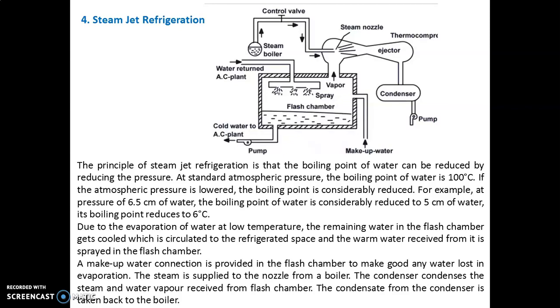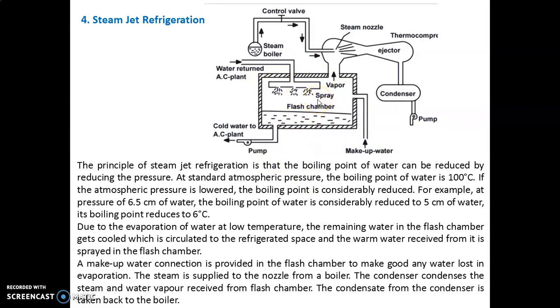For example, at a pressure of 6.5 centimeter of water, the boiling point of water is considerably reduced; at 5 centimeter of water, its boiling point is reduced to 6 degrees Celsius. Due to the evaporation of water at a low temperature, the remaining water in the flash chamber gets cooled, and is circulated through the refrigerated space, and warm water received from it is spread in the flash chamber.